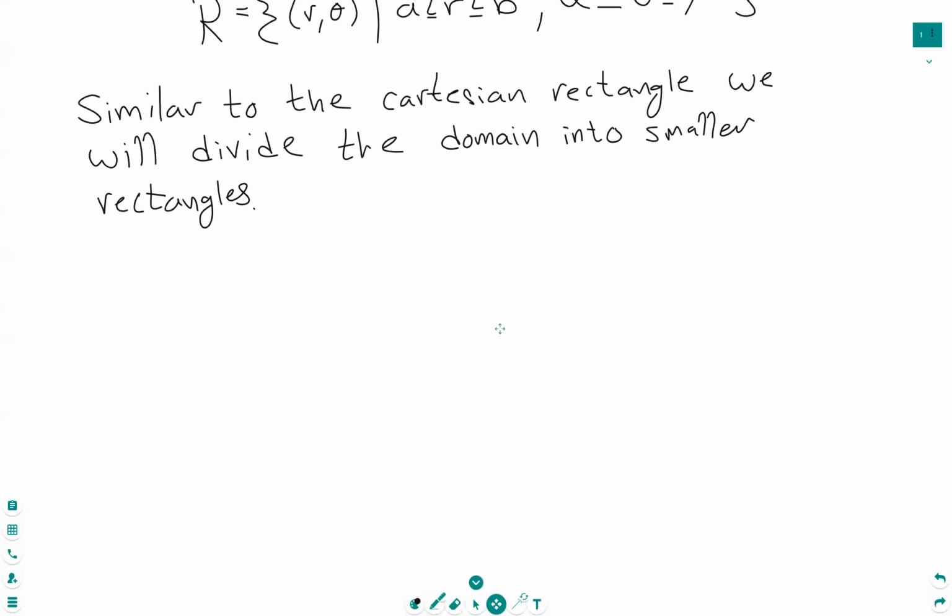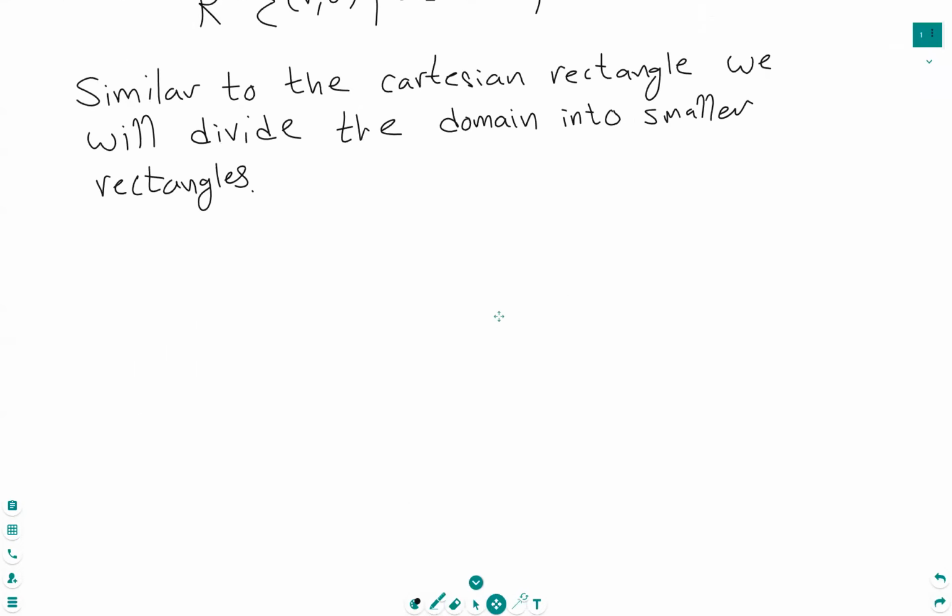So before, specifically yesterday, when we were doing these double integrals over rectangles in the Cartesian sense, we subdivided into sub-rectangles and then tried to estimate the volume or whatever the integral is doing in that specific sub-rectangle. And then as we get more and more of these, we do a better job of approximating the quantity that we're trying to calculate.